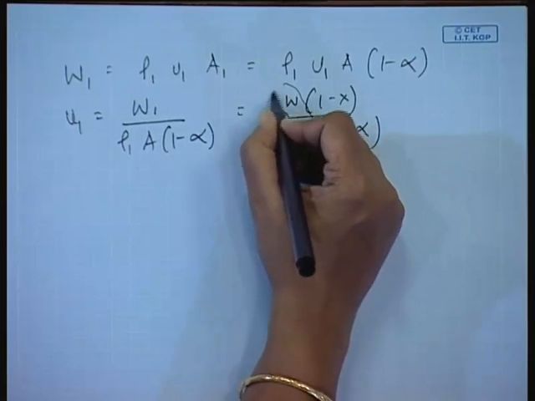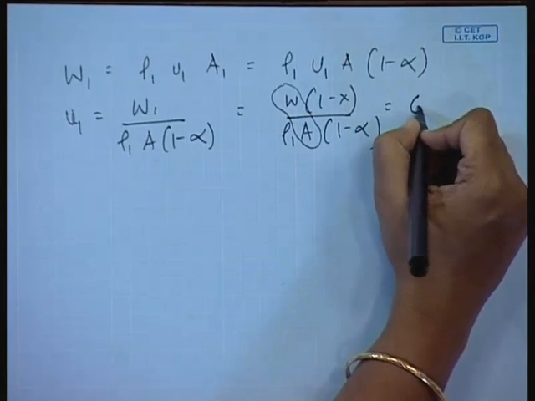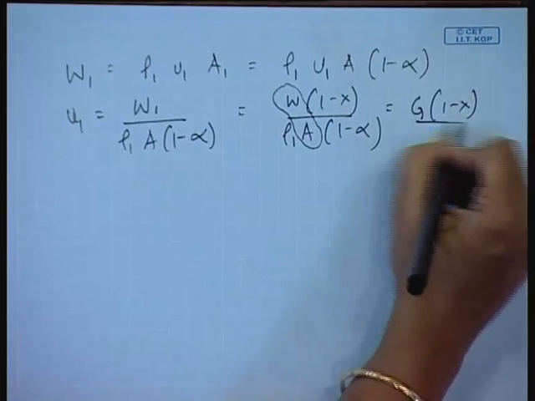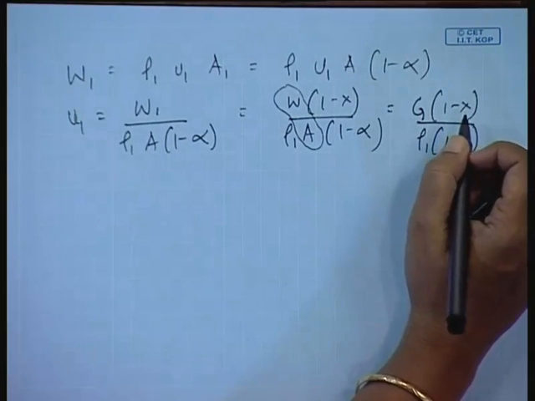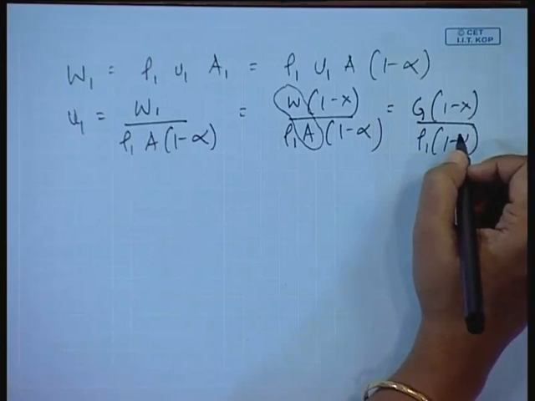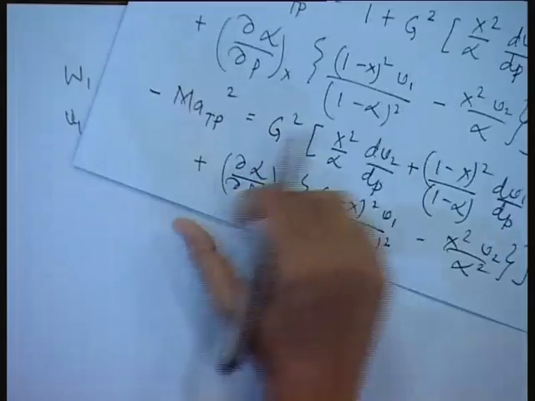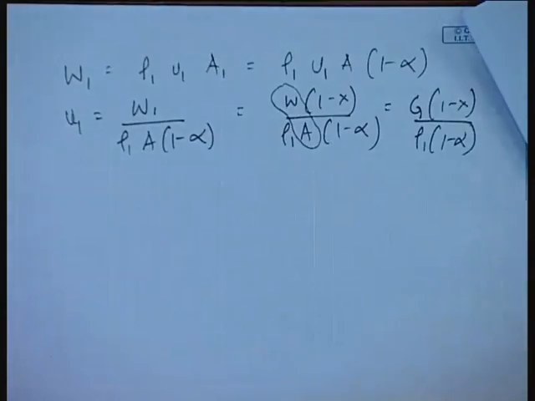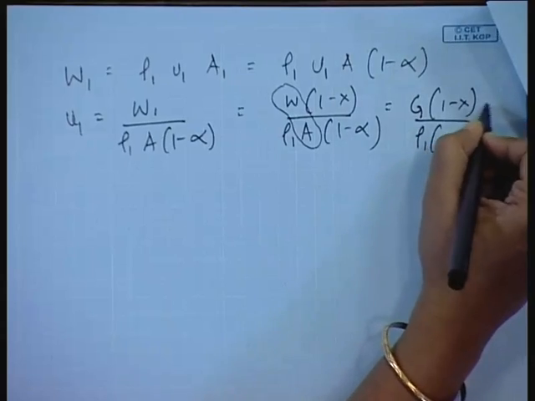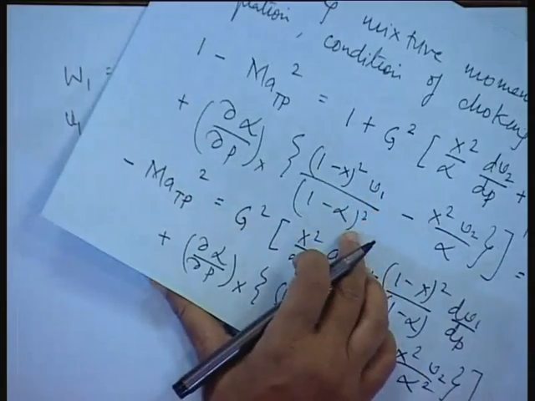Now, we know this W by A is nothing but G. So, therefore, this is G into (1 minus x) by... these things have to be in your mind very thoroughly, otherwise it is going to be difficult. So, U1 equals this. So, here we had (1 minus x) whole squared by (1 minus alpha) squared into V1; rho 1 means this becomes V1.